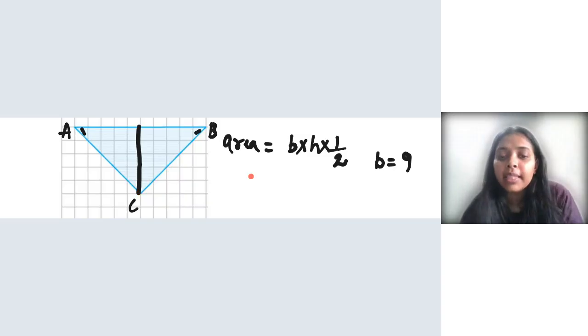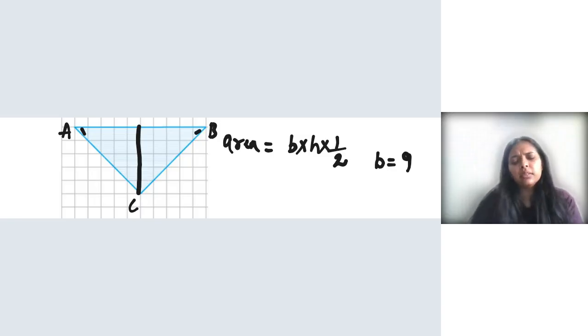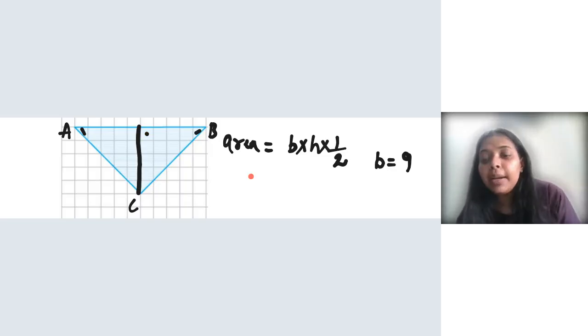How many squares will be there? 4 and a half, right, 4.5. So can I write height as 4.5?